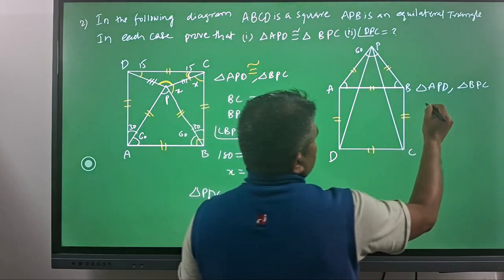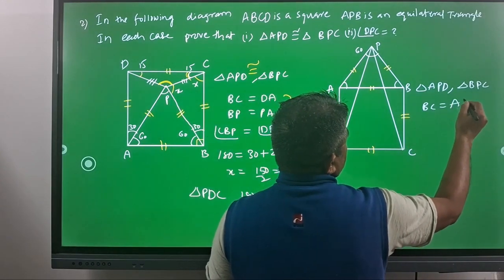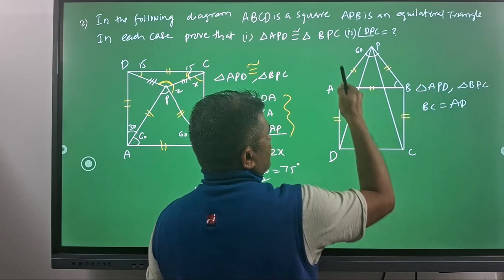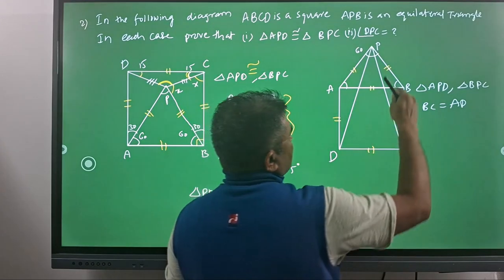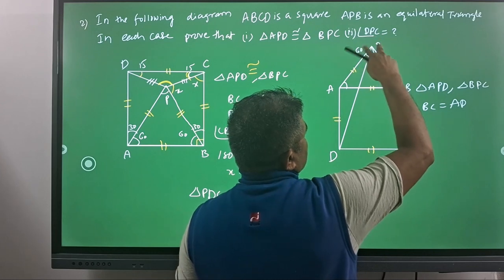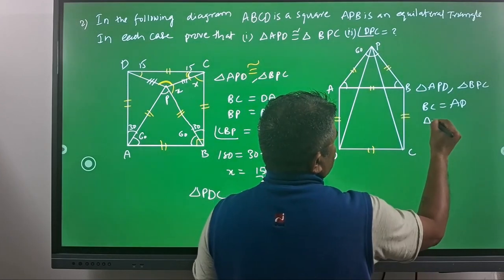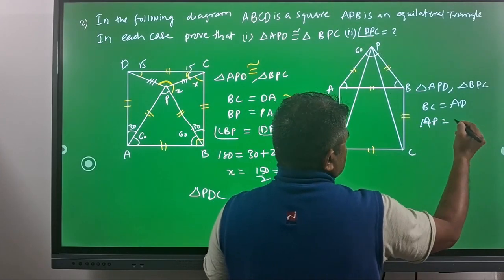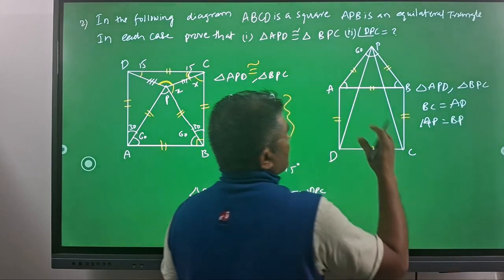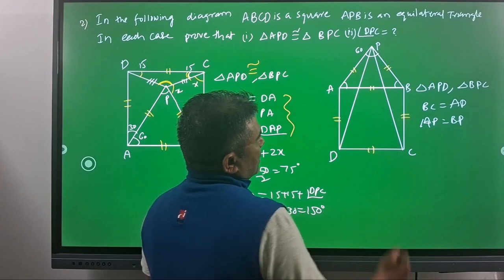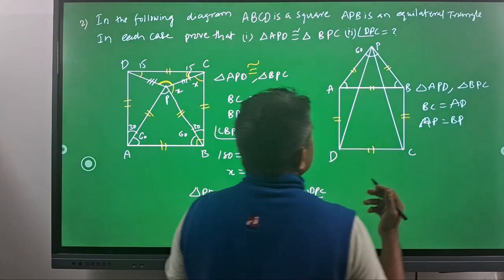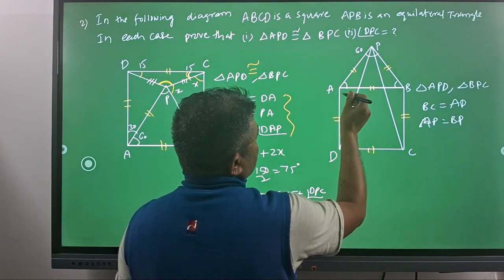Here BC is equal to AD because those two are the sides of the square. And AP is equal to BP because those two are the sides of the equilateral triangle. And one more thing, is there any angle relation? Yes, we have an angle relation.